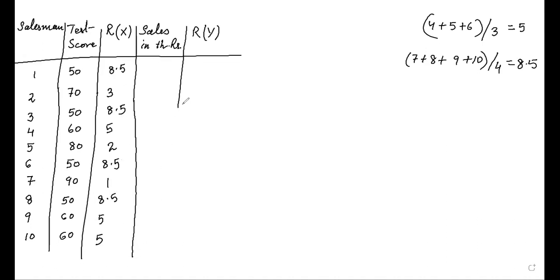Now we can proceed to writing sales in rupees and then finding the rank corresponding to that sales. So let us write sales in rupees. First salesman is 25.